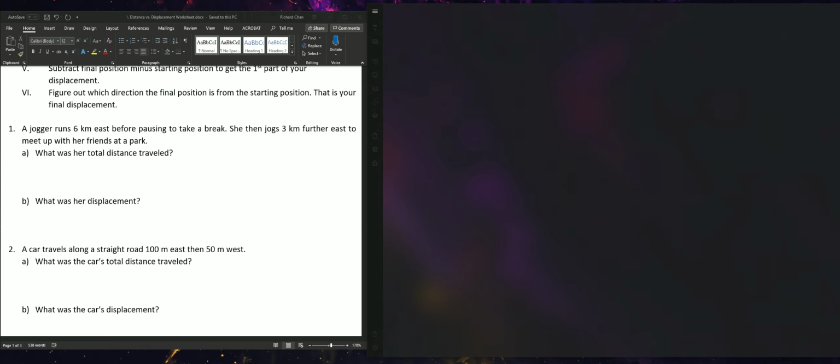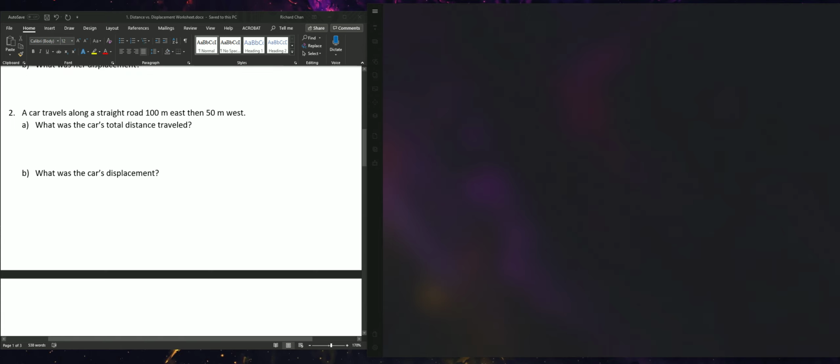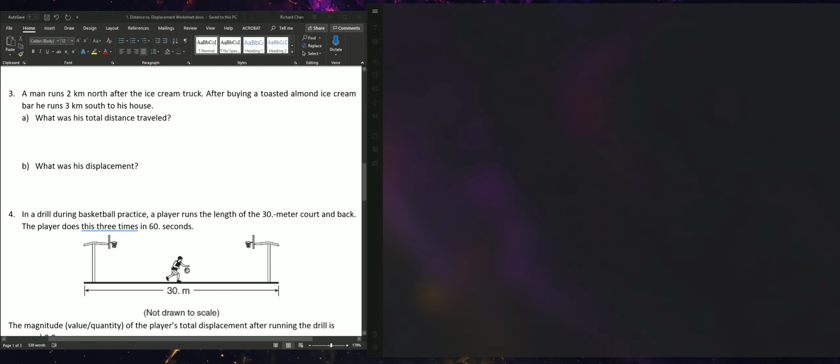Alright, let's go to number 3. Number 3 says a man runs 2 km north. So we're going to draw our starting point, label it 0. I go up 2 km. This is north.